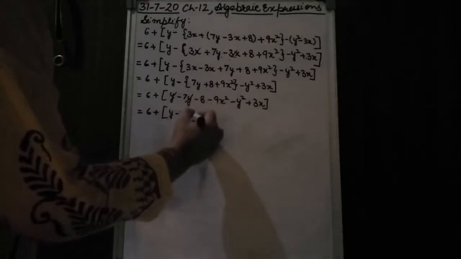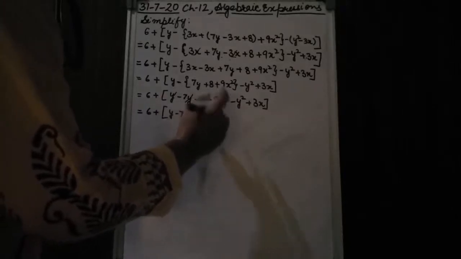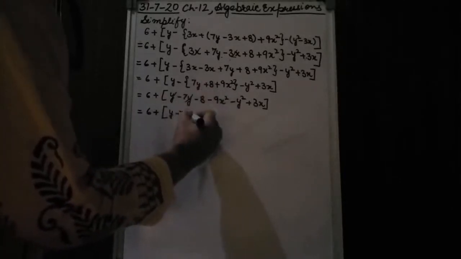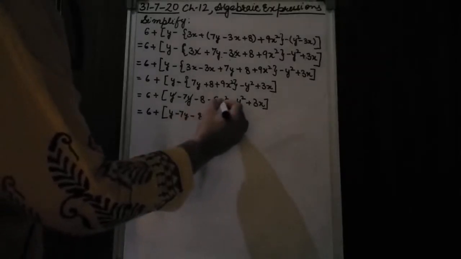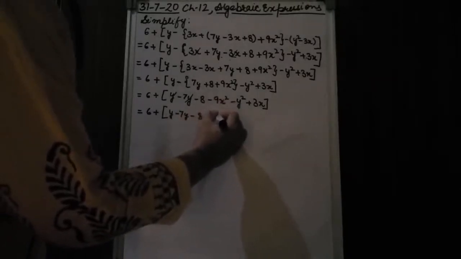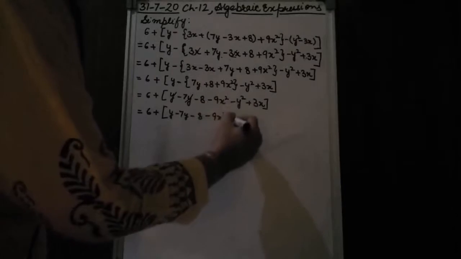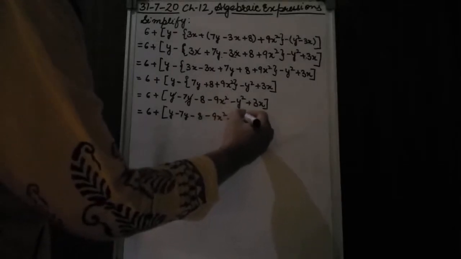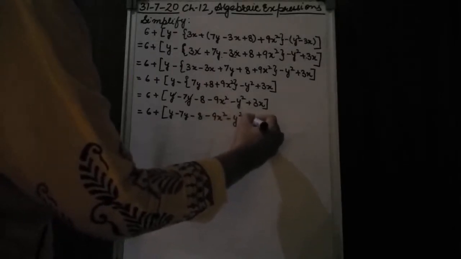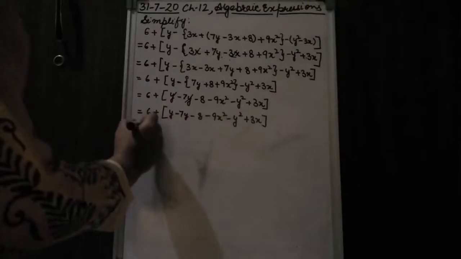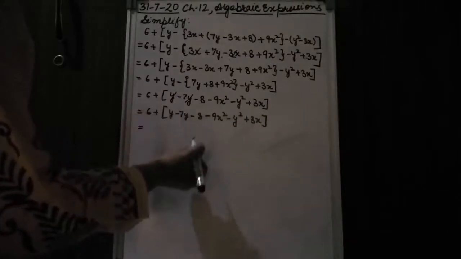Now minus 8, write it as it is. Now with 9x square, no other, with y square, no other, and plus 3x. So every term you have written. Now open the bracket as a positive sign.